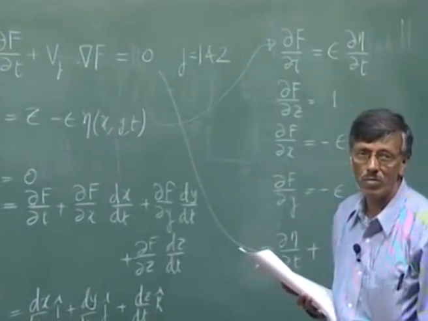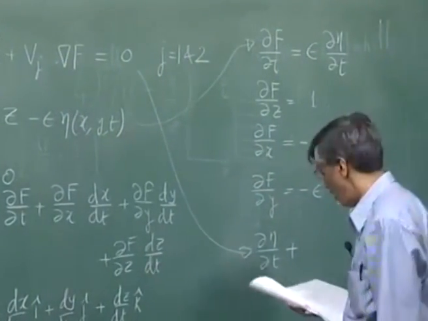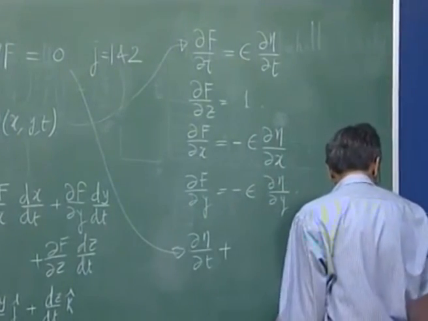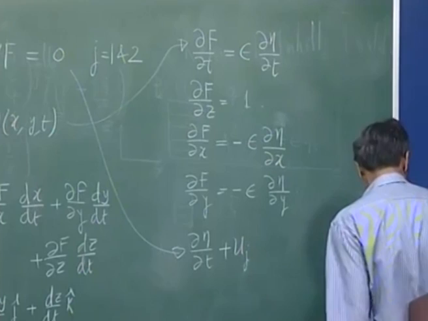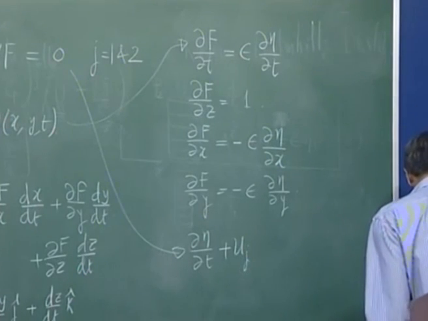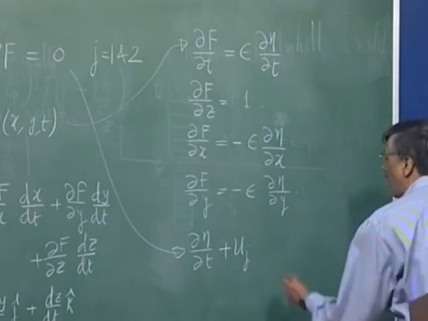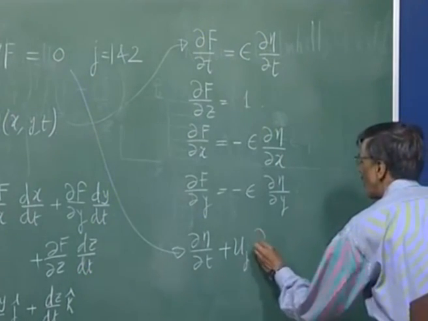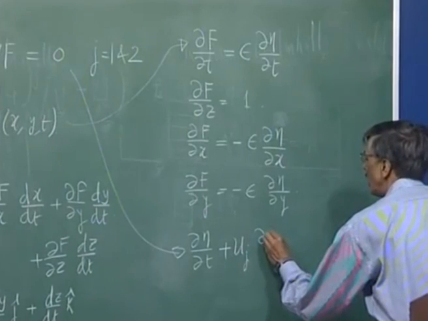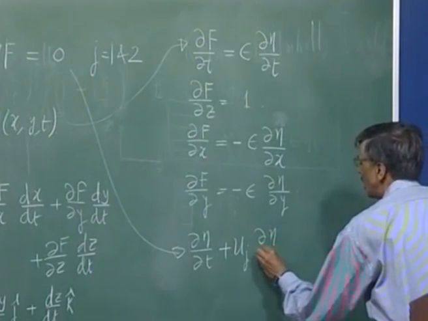I will write that as u j for the time being, times del eta del x.